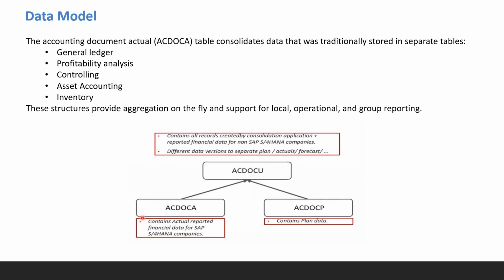If it is central finance, all non-SAP entity data will be in the Avdoc Universal Journal, along with SAP entity data, and then we release the data to the Avdoc table. That is how the system works on the table side.